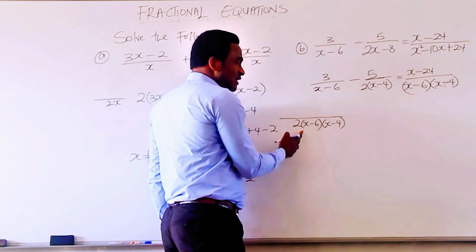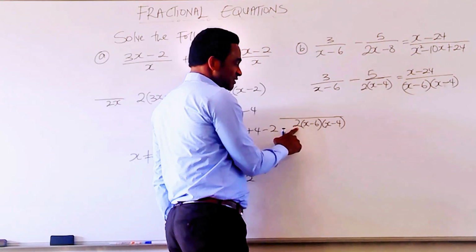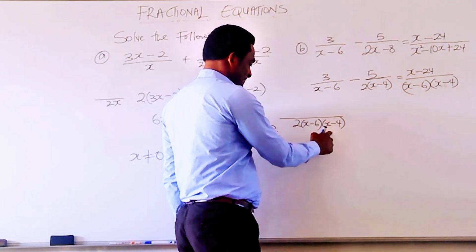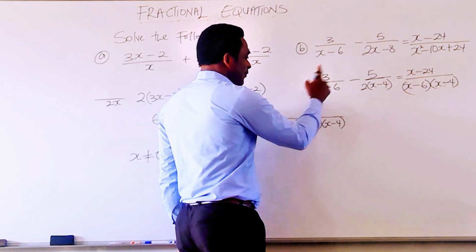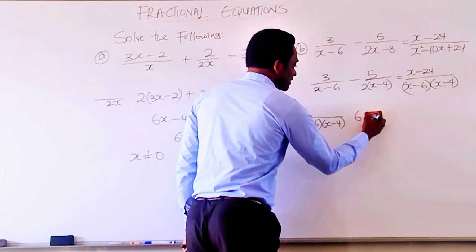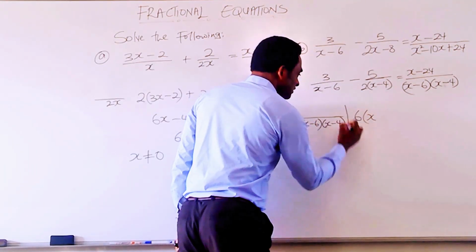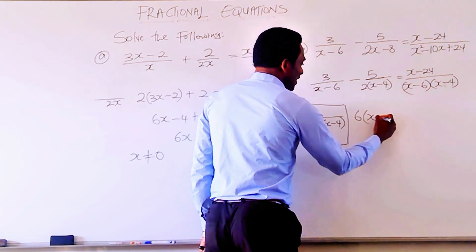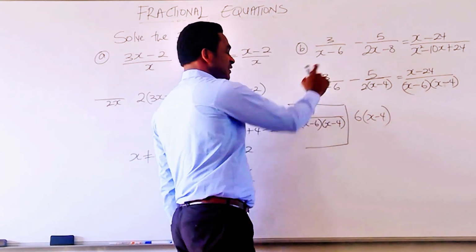Now we start dividing this into this. x minus 6 will only cancel out x minus 6. We still have 2 and x minus 4. So we present this: we have 2 times 3 is 6 into x. Remember, this is our LCD section. Into x minus 4. That's what we got from here.